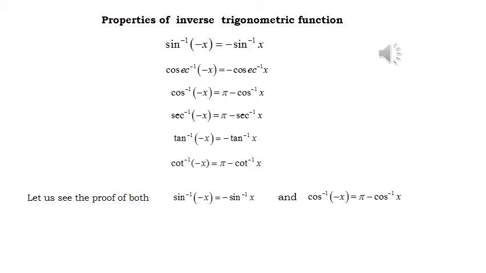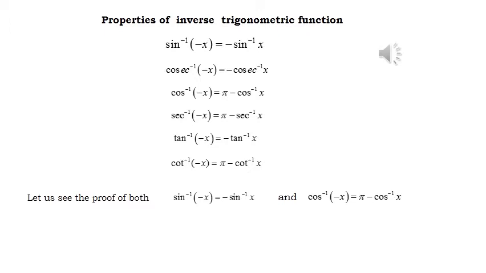So we can now discuss properties of inverse trigonometric functions. This particular property deals with negative x. The first property: sine inverse of negative x equals negative sine inverse of x. Why? Because negative x is a negative value.